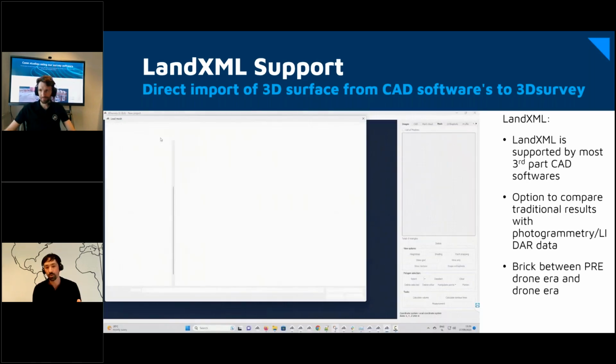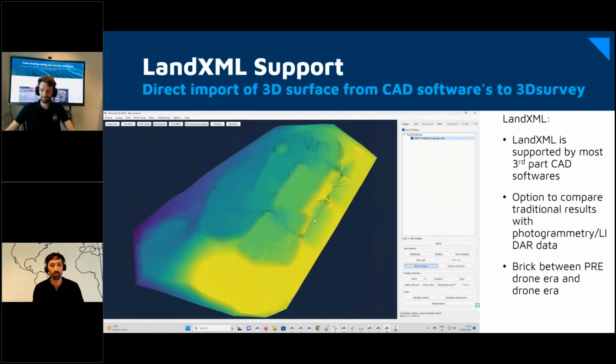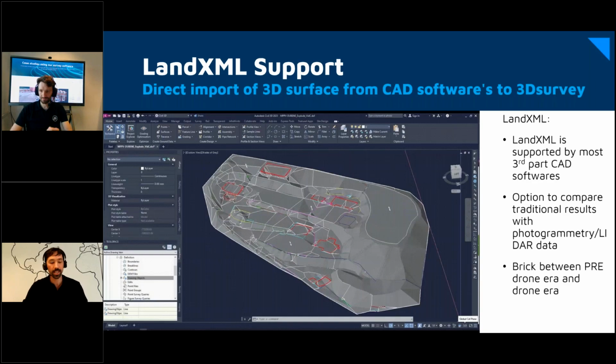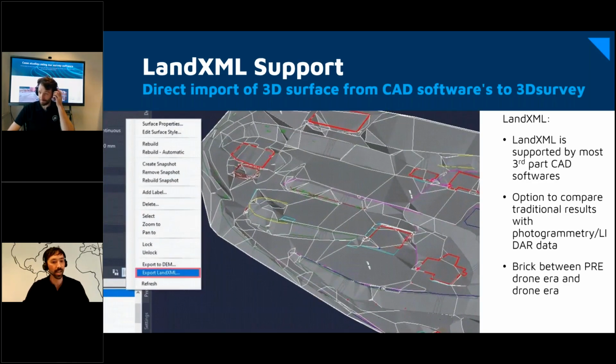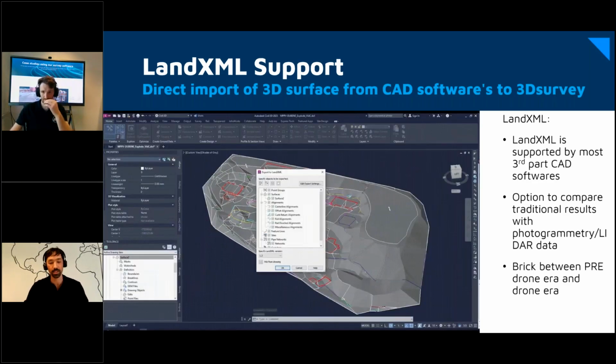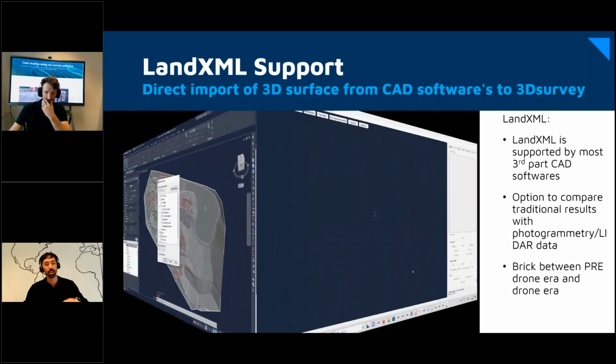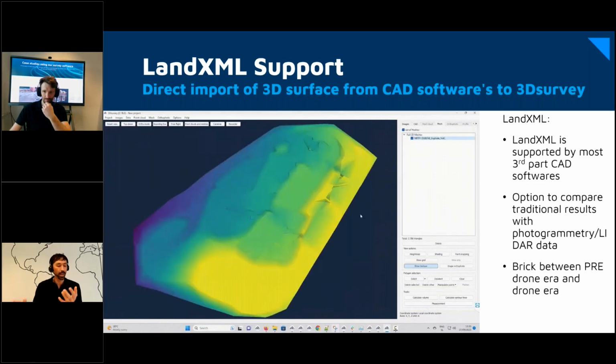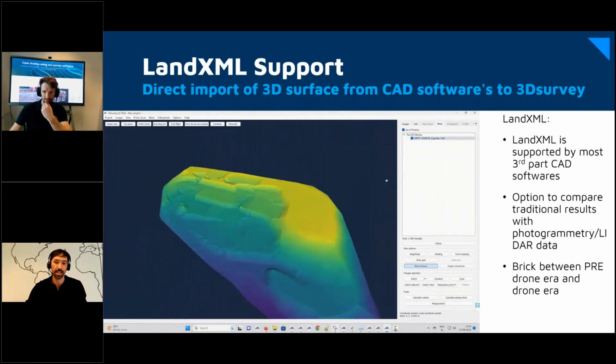Just go into AutoCAD or similar CAD software, save as LandXML surface, export it, and import into 3D survey, and it's directly compatible. So you will see the same surface in 3D survey as in third-party CAD software, and you are now able to do the volume comparison and anything like that.